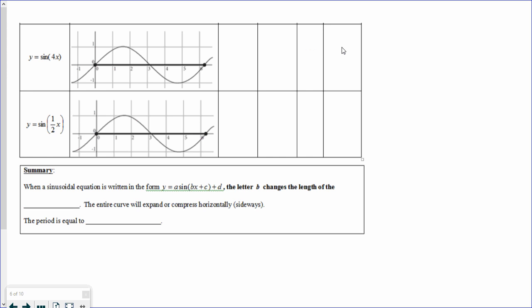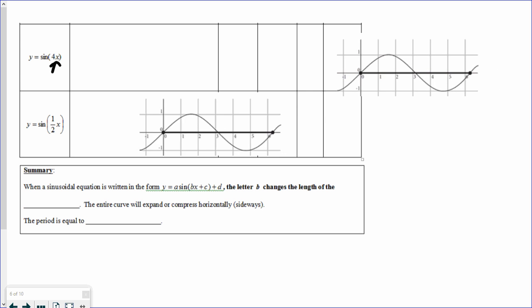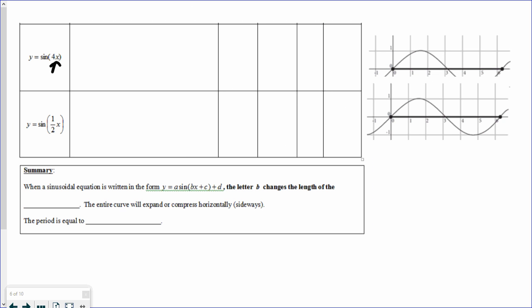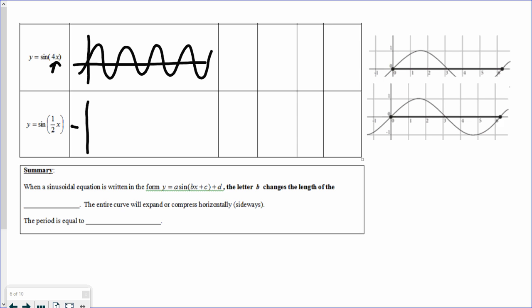So when you get to the next one, now we have the sine of 4x. When you graph out y equals the sine of 4x, you can look in my notes, it's going to be going way faster. And when you do that last one, it's way more spread out, or it doesn't even look like it's repeating itself if you have your window in the wrong spot.